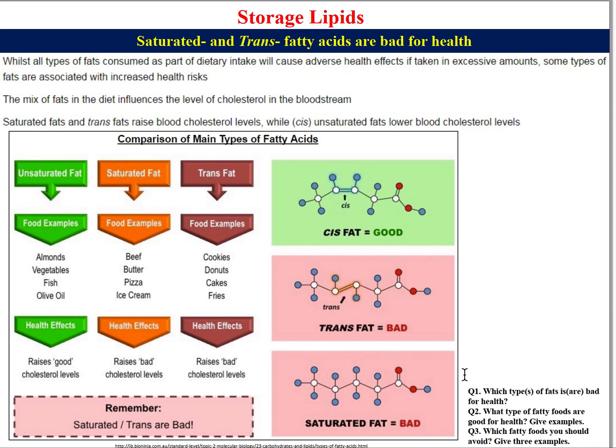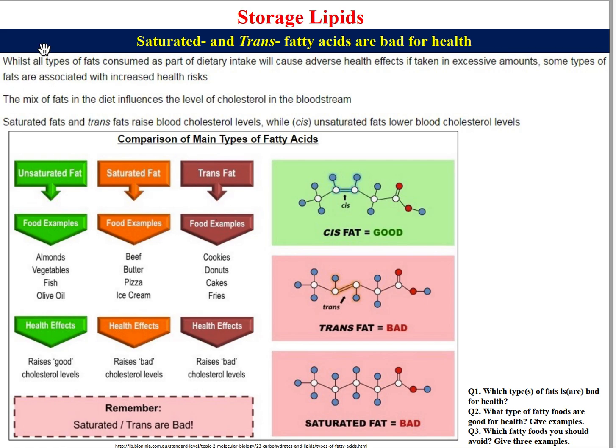So what are the storage lipids? Saturated and trans fatty acids are bad for health. So here is the comparison of the main types of fatty acids: unsaturated fatty acid, saturated fatty acid, and trans fat.